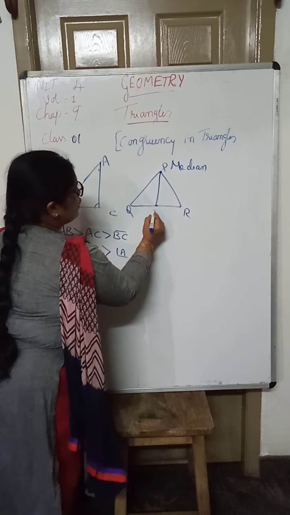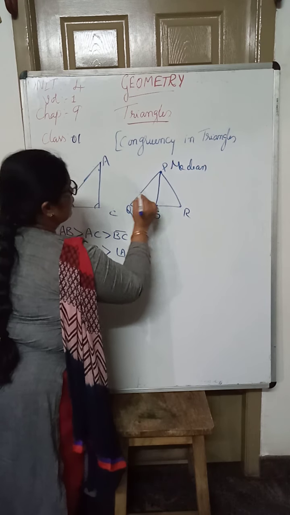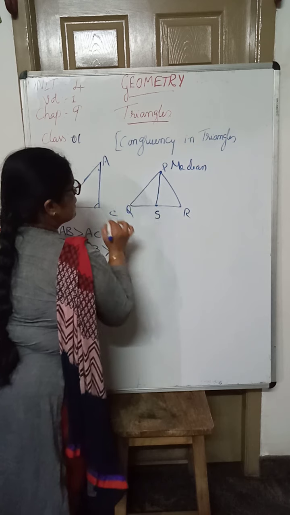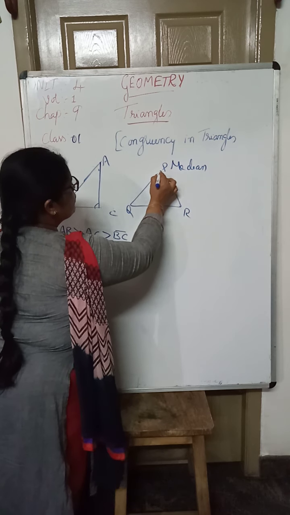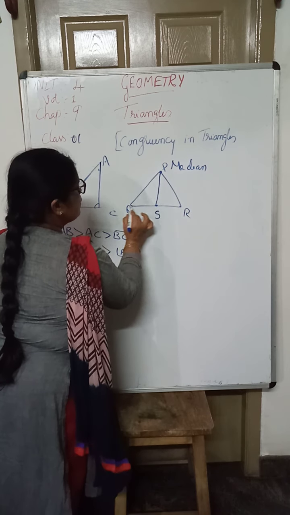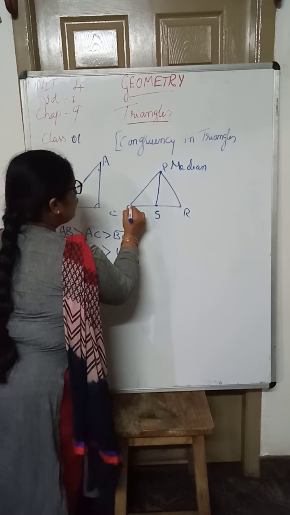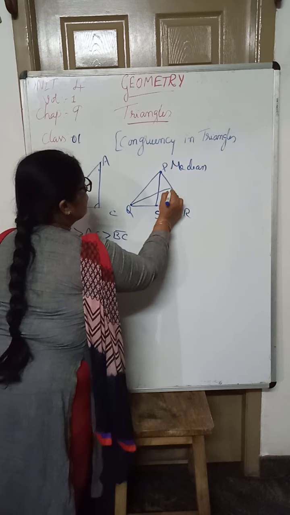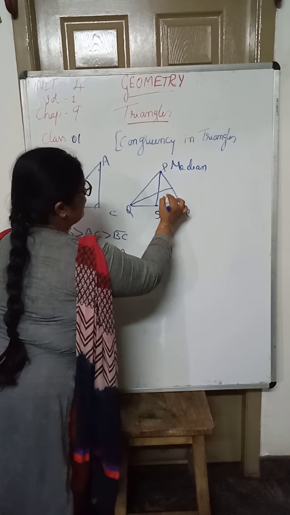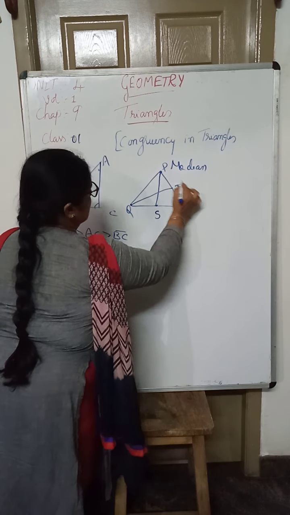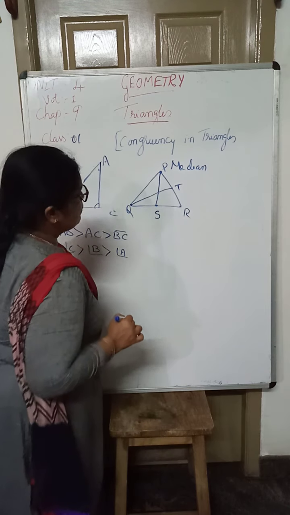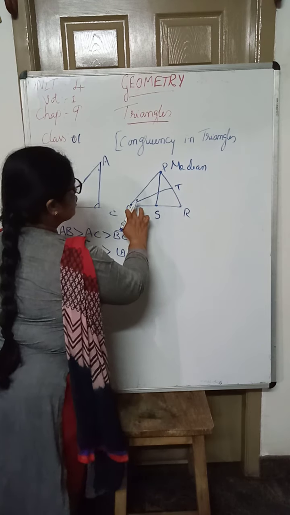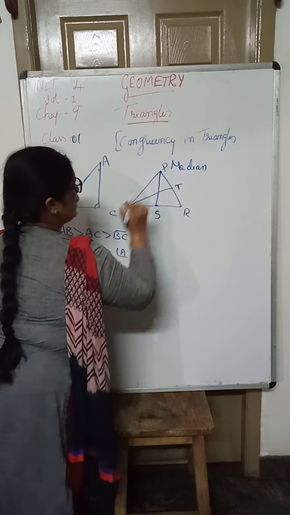Let us call the midpoint S. PS is the median which comes from vertex P and reaches the midpoint of QR. If I connect from vertex Q, it reaches the midpoint of PR. Let us call it T. QT is another median which connects Q and the midpoint of PR.